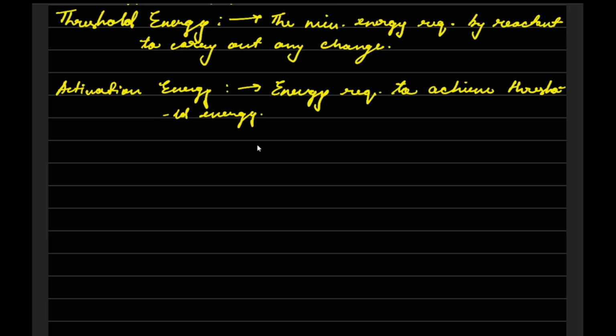Now we will understand what this actually means. So let's suppose we have a reactant at a temperature, let's consider 25 degrees Celsius, that is room temperature, which we always consider.